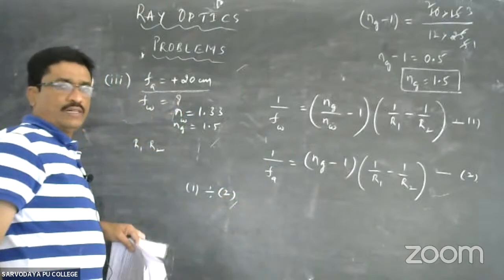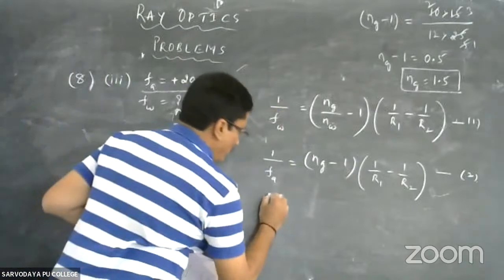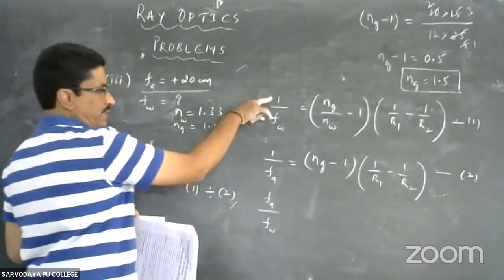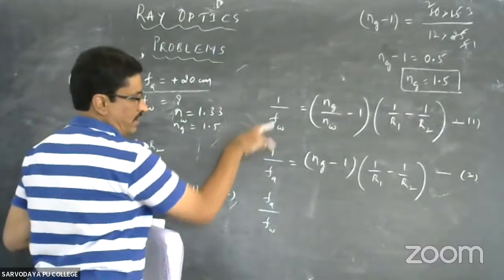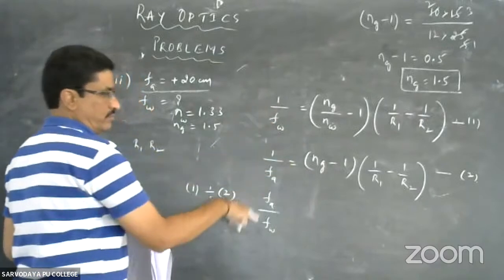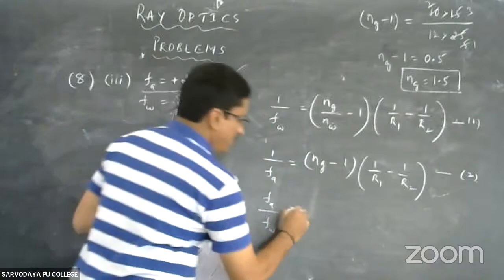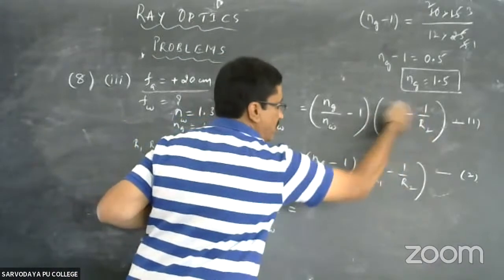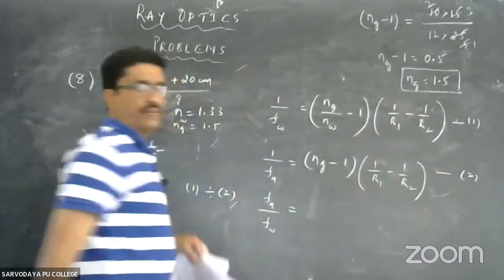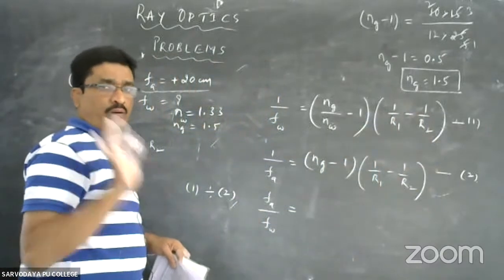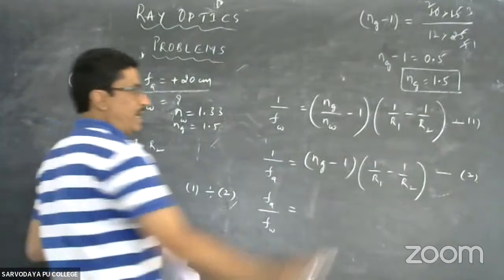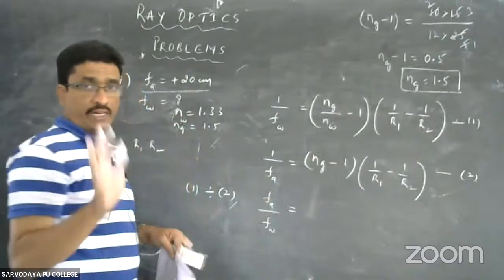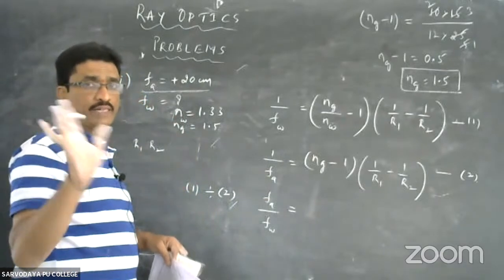1 divided by 2 ಅಂತ ನಾನು ಬರ್ಕೊಂಡ್ರೆ fa by fw, correct, then this divided by this. ಇವೆರಡು ಕ್ಯಾನ್ಸಲ್ ಆಗಬೇಕು. ಹಾಗಾಗಿ ವಿತೌಟ್ ಕನ್ಸಿಡರಿಂಗ್ ರೇಡಿಯಸ್ ಆಫ್ ಕರ್ವೇಚರ್ ಆಫ್ ದ ಸರ್ಫೇಸಸ್ we can work out the problems. ಹಾಗಾಗಿ R1 R2 ಕೊಡದಿದ್ದರೂ, just go for the ratio, that has to be there in your mind.